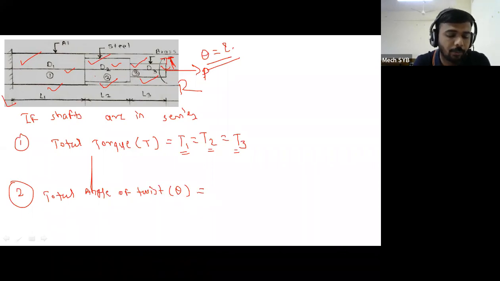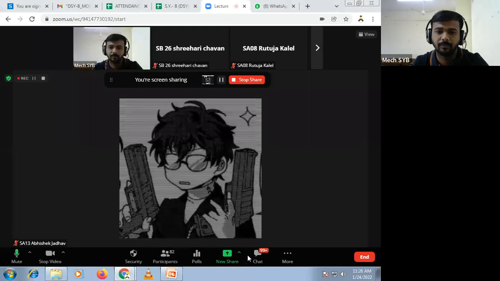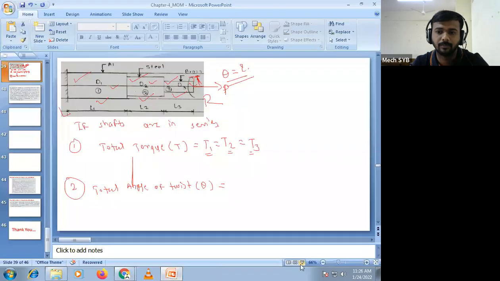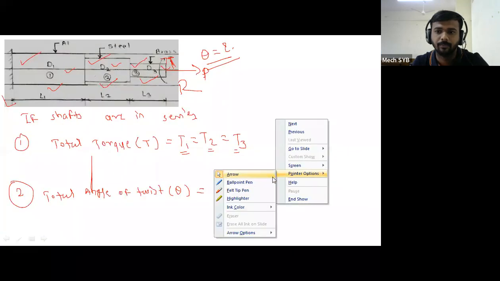Total angle of twist theta is equal to total angle of twist.